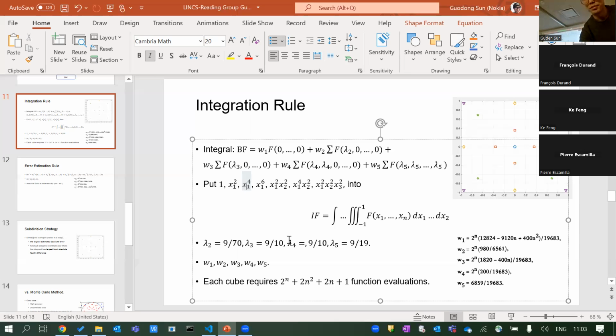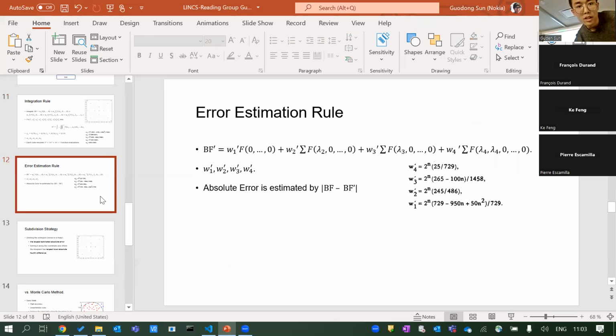So the error estimation discards the 7th order, the highest order basis. Then you can estimate the error of this approximation by the difference between the 5th order approximation and the 7th order approximation.